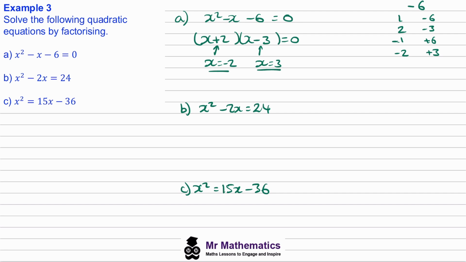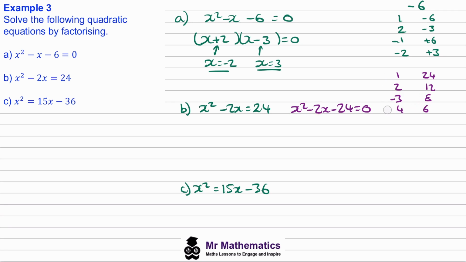Okay? For question B. Before we can solve it, we need to make it equal 0. So we'll have x squared minus 2x minus 24. And then we need the factors of negative 24. So we'll have negative 1 and 24, negative 2 and 12, negative 3 and 8, negative 4 and 6. But you can see that none of these will add to make the negative 2.